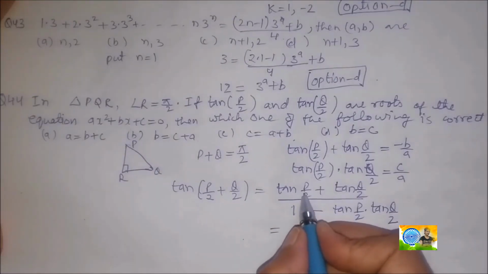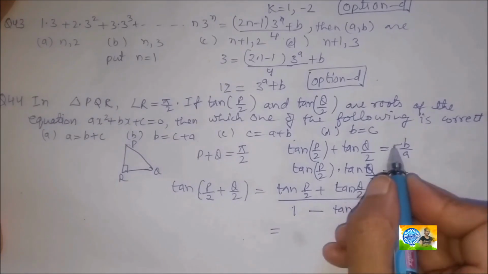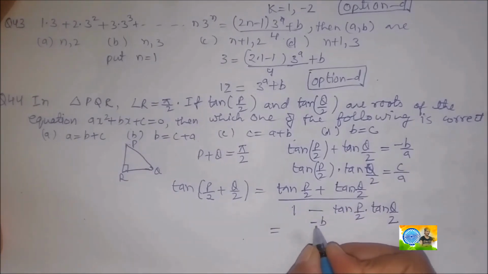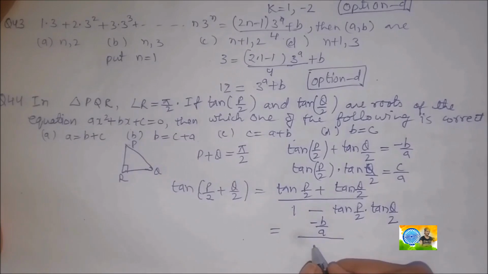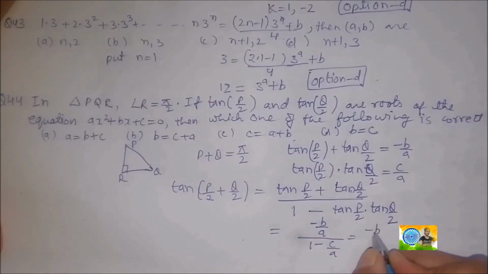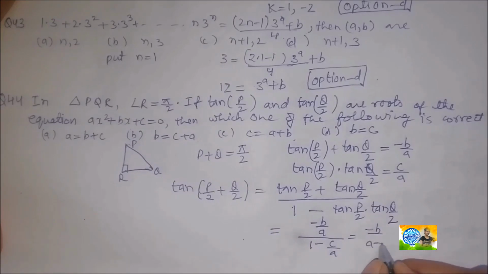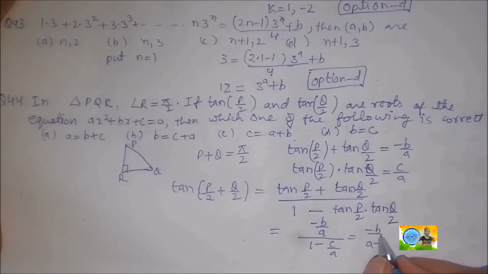Or tan P by 2 plus tan Q by 2 is minus b upon a, so this will be minus b upon a upon 1 minus c upon a. This gives minus b upon (a minus c), and a will get cancelled, so minus b upon (a minus c), or we can write b upon (c minus a).